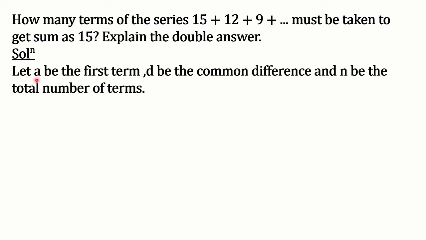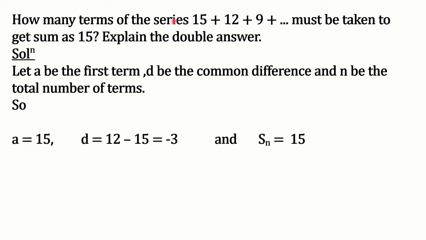We'll suppose let A be the first term, D be the common difference, and n be the total number of terms. So if we take n terms in this series, we will get the sum as 15. This A is the first term, which is 15.